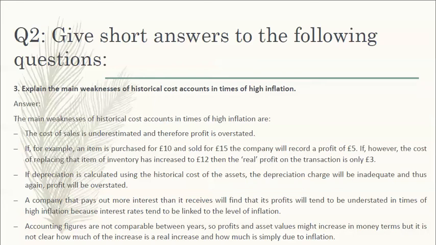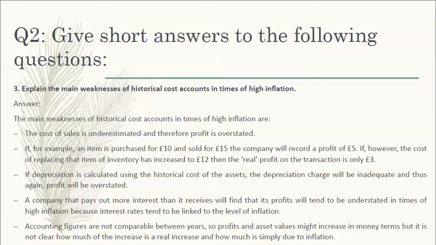So the main weakness of historical cost accounts in times of high inflation, first one, the cost of sales is underestimated. If the cost of sales is underestimated, the profit will be overstated.